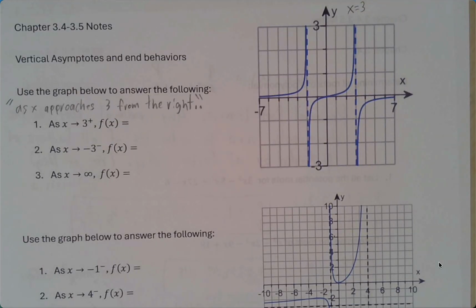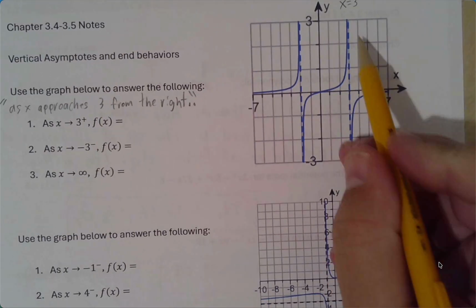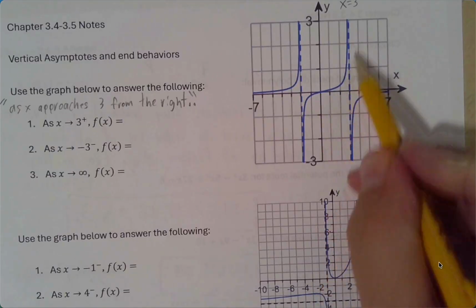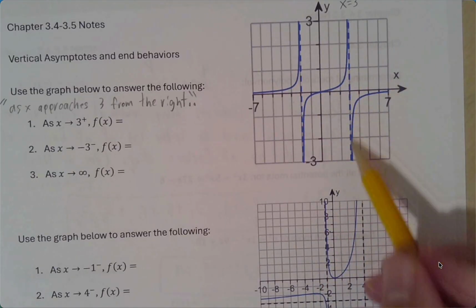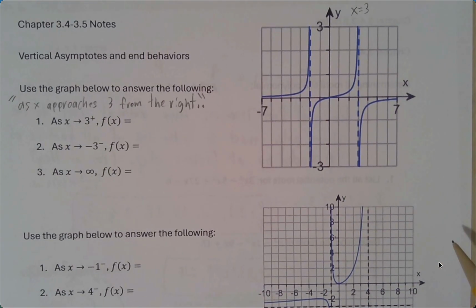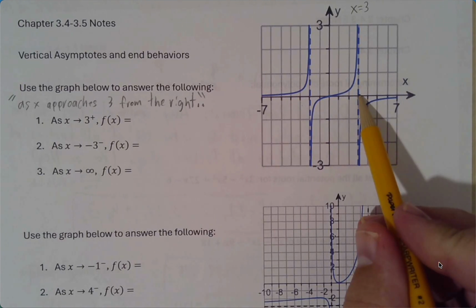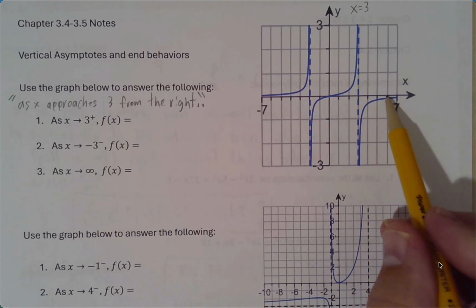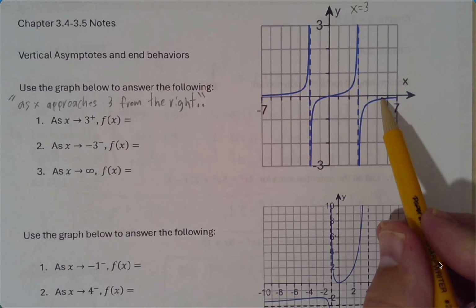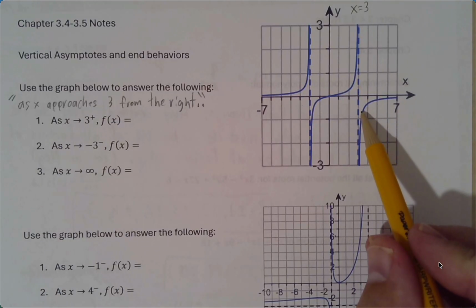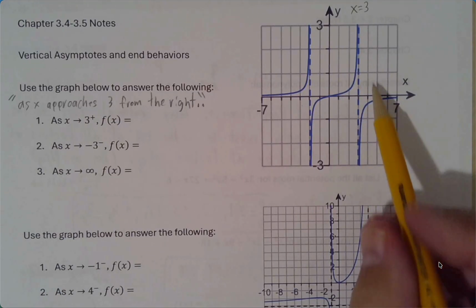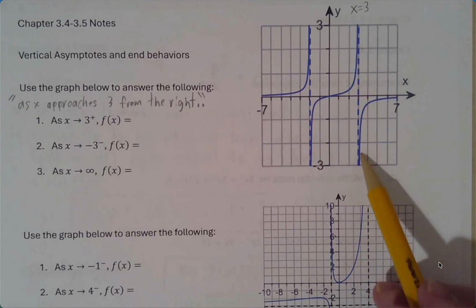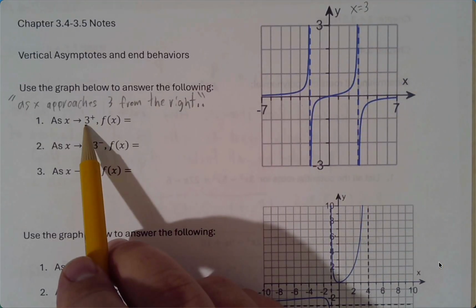Now, then it says, what happens as we approach 3 from the right? What does that mean? Well, there's a left side of 3 and there's a right side of 3. And what we mean as I approach 3 from the right is go to the right, look at this segment, and now go backwards but follow the graph. Here's x equals 3. This is my vertical asymptote, the thing they're asking me about.